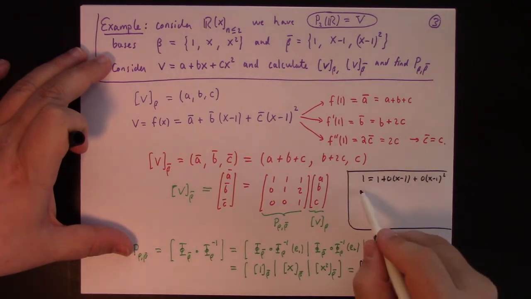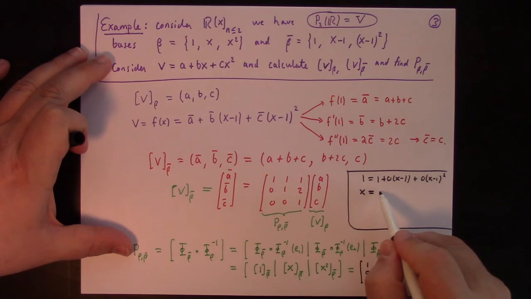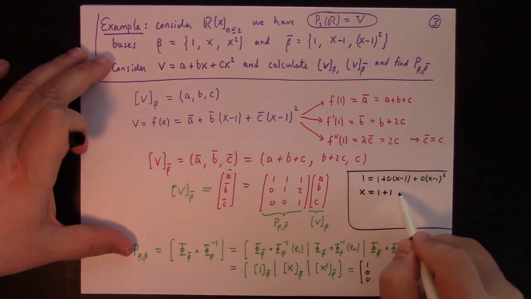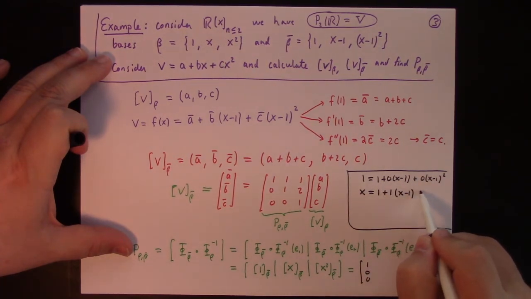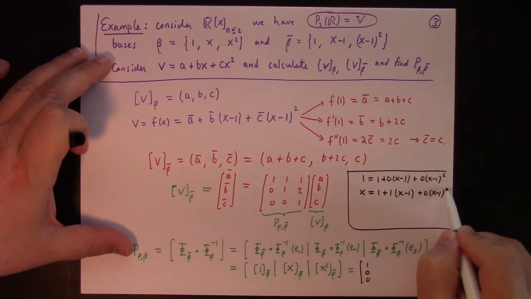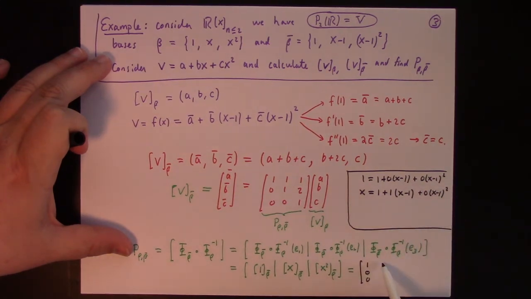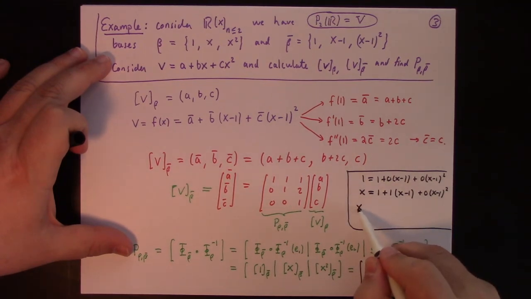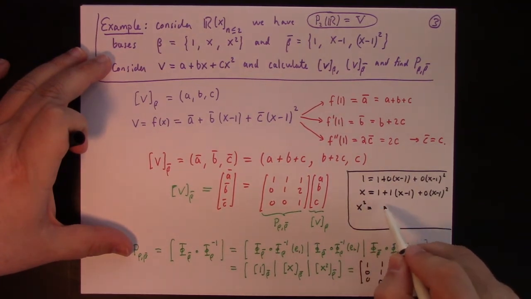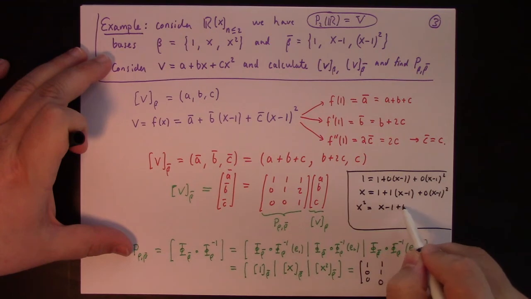To get x, x is equal to 1 plus 1 times x minus 1 plus 0 times x minus 1 squared, so that's why I have 1, 1, 0 for the second column. Finally x squared takes a little imagination. That's really x minus 1 plus 1, quantity squared.